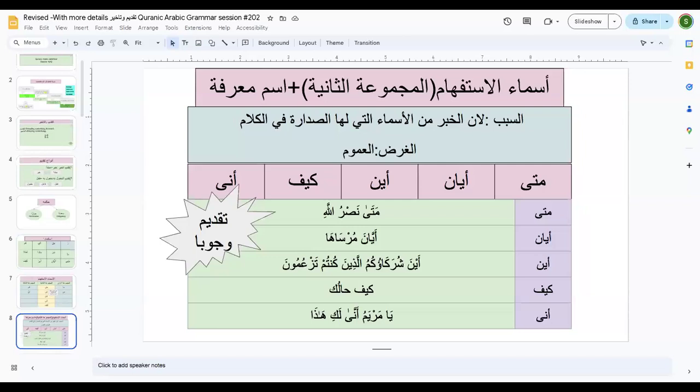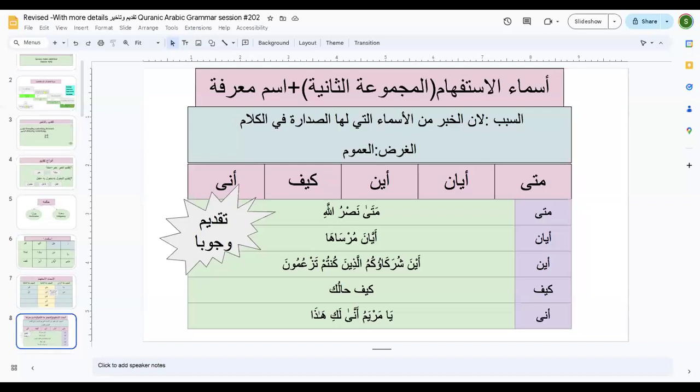I am re-emphasizing, look at the second column. How many of you have memorized the second column? If you have, start typing what were the words from Asmaul Istifham that were included in the second column, making your Al-Majmu'atu Saniya.